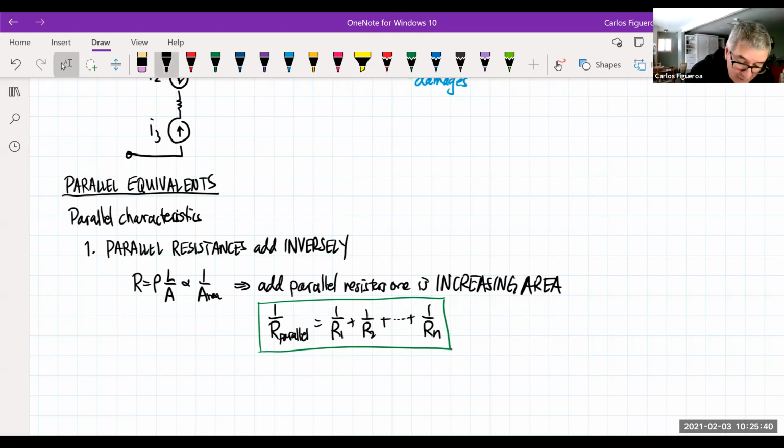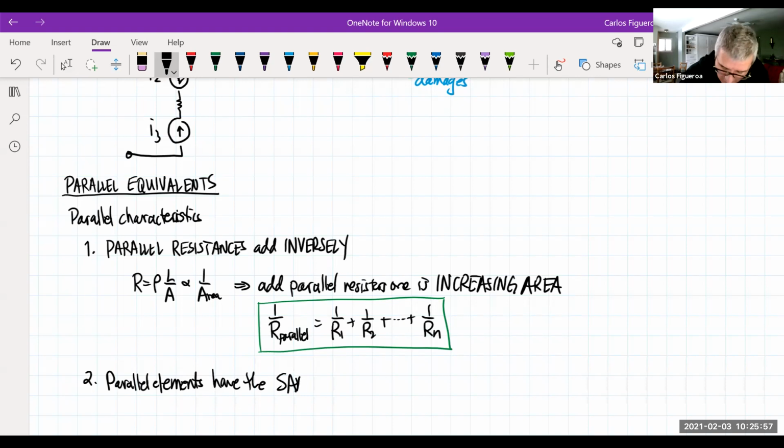Okay, the other thing that we know here is this. Parallel elements have the same voltages across them.